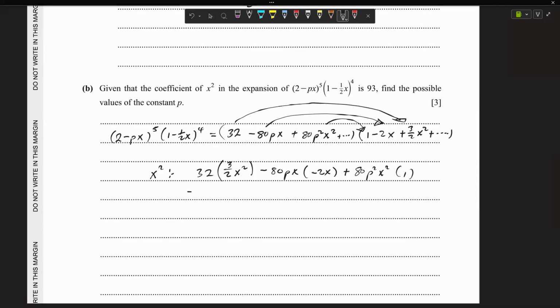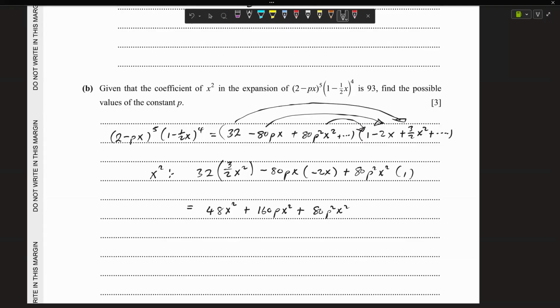All right, so this part, 16 times 3 will give us 48x squared, and that's going to be plus 160px squared, and that's going to be plus 80p squared x squared.